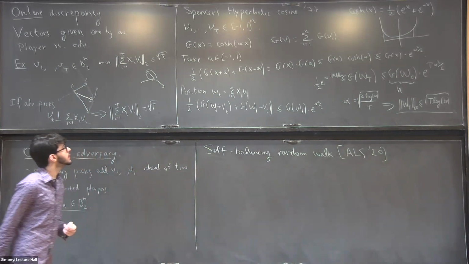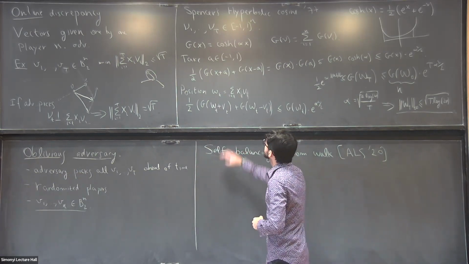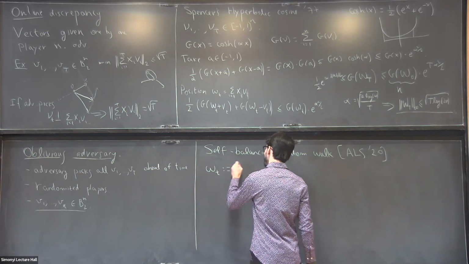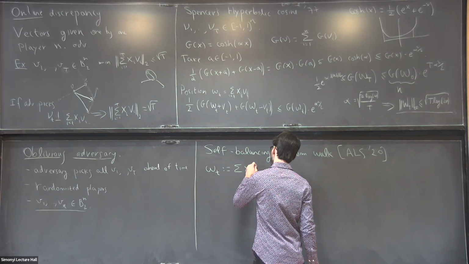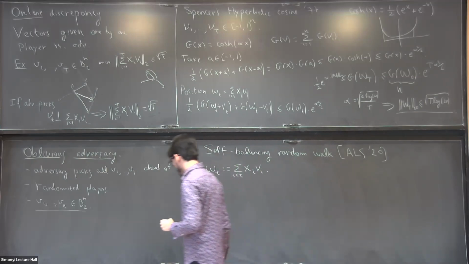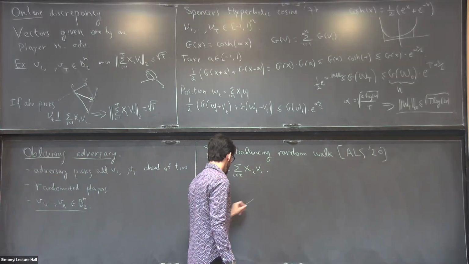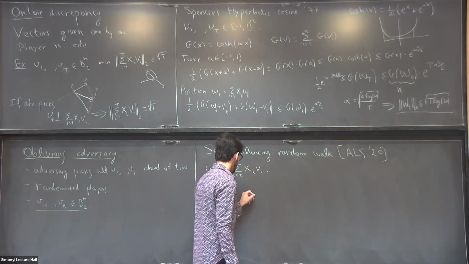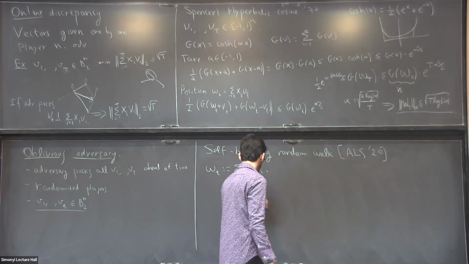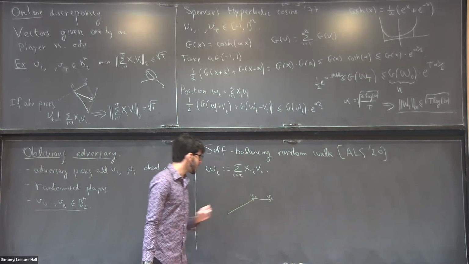And so here's the idea. We're still going to keep track of the position, so let's keep the same notation. W_t is going to be the position so far. Maybe I'm at some position here, and I see some vector, maybe this one, and I need to decide whether I'm going to pick a plus or a minus.